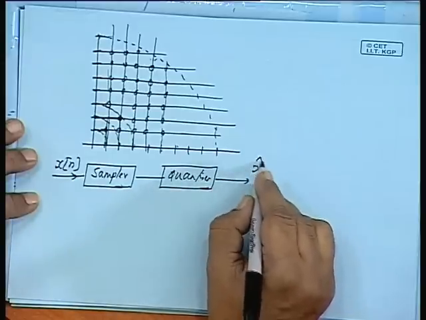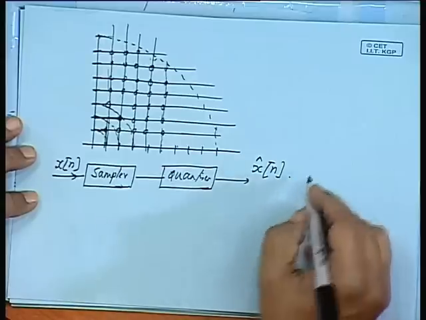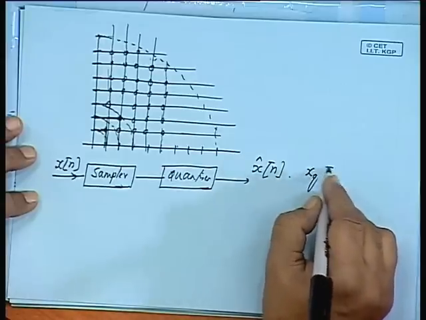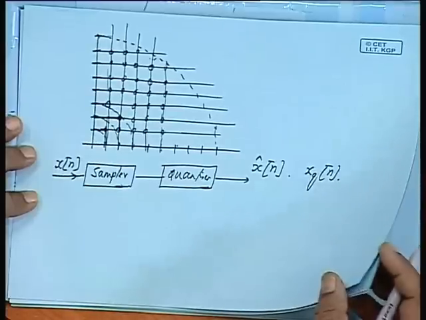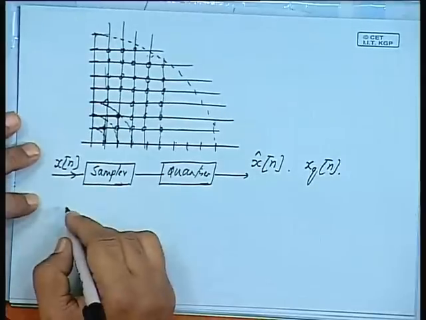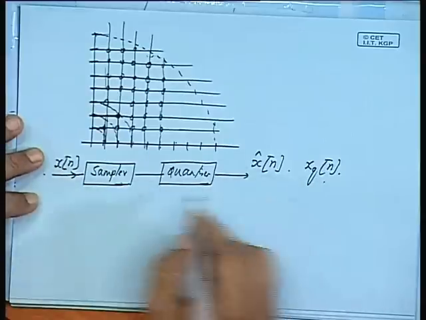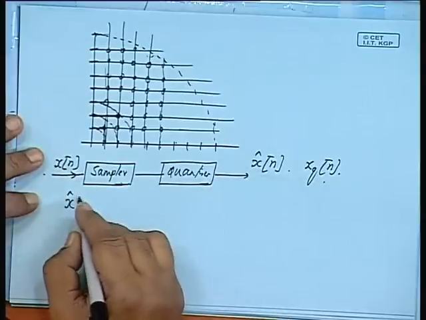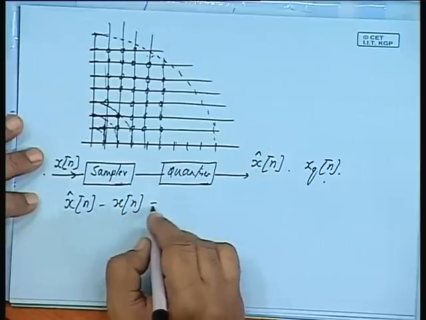So, this is the quantized quantity x hat n, or sometimes we write x q n, quantized output. So, the difference between these two will be the error, x hat n minus x n is the error.